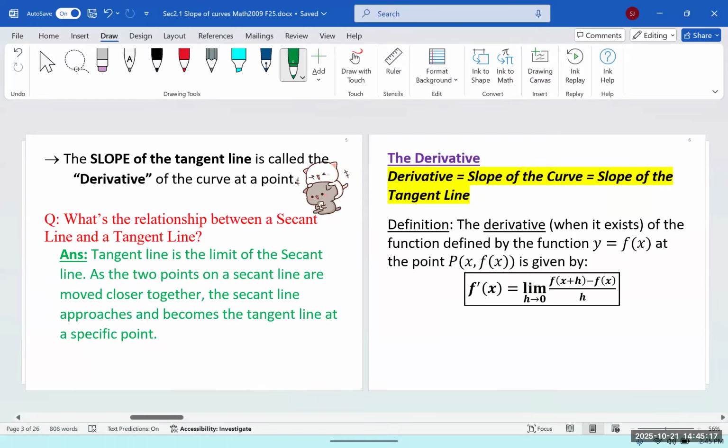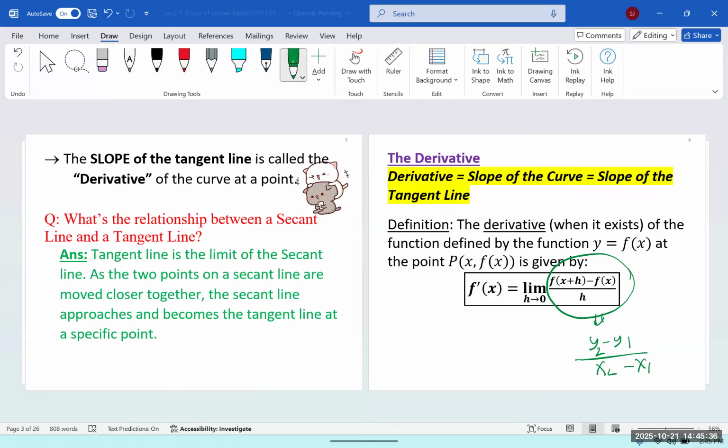I'm talking about this. The slope of the secant line is f of x plus h minus f of x over h, which is the same as y2 minus y1 over x2 minus x1. This slope and this slope are the exact same thing, and this is the slope of the secant line.